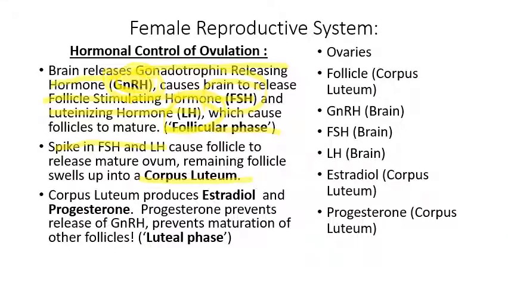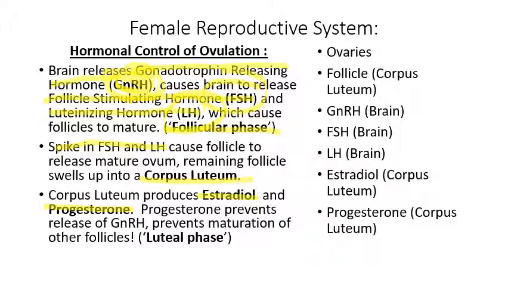The corpus luteum releases other hormones. Two of them are called estradiol and progesterone. And estradiol and progesterone prevent the release of gonadotrophin releasing hormone, which in turn prevents the maturation of other follicles.